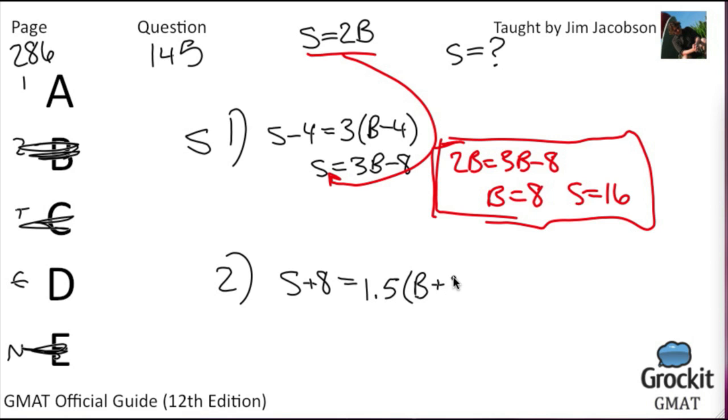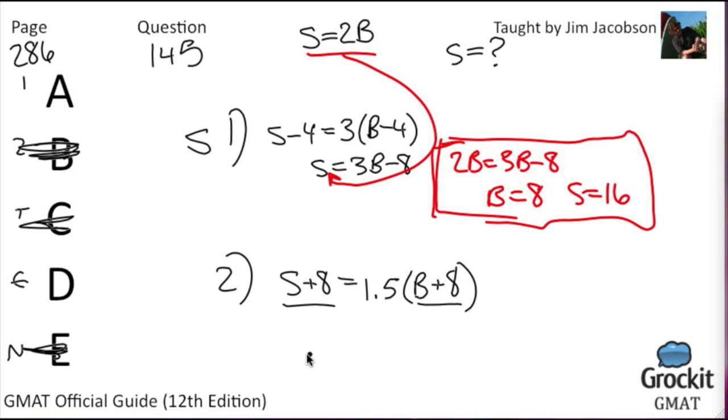The modifying phrase 8 years from now tells us, as it did the 4 years ago in statement 1, by having that modifying phrase at the beginning, that both of their ages need to be incremented by 8. Had it been, Sarah's age 8 years from now will be 1.5 times Bill's age now, it would be an entirely different story. But since both of these are 8 years from now, we increment both variables by 8.